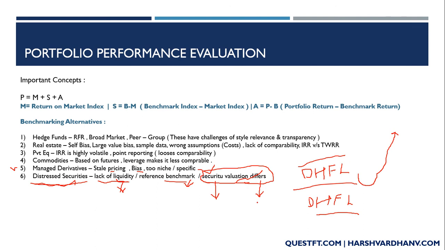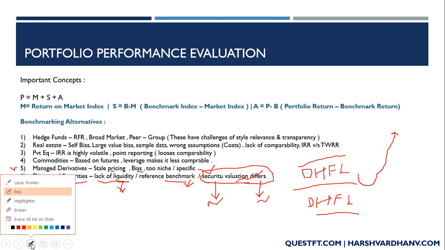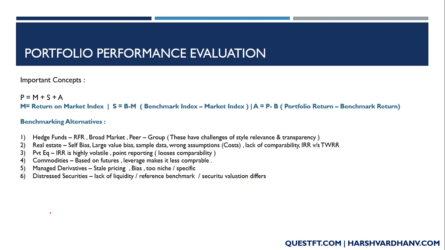Some people will know the future growth of the company, and people reading the balance sheet will have different views. So distressed security does not have a lot of reference benchmarks, and that is the reason hedge funds or the alternatives in these types of funds are not easy to reference or compare.